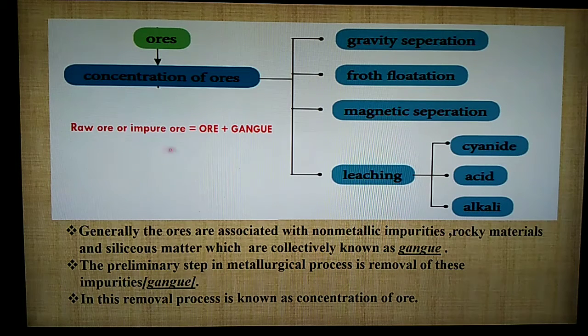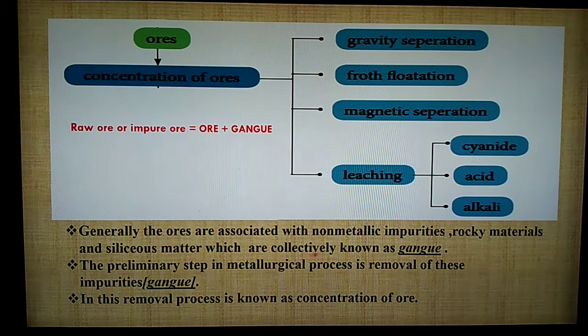Now only it is called impure ore or raw ore. What is gangue? Gangue is associated with the ore, nothing but non-metallic impurities, rocky material and siliceous matter.